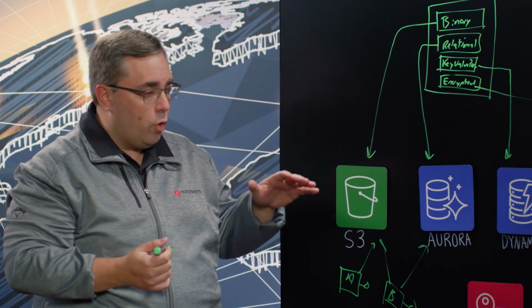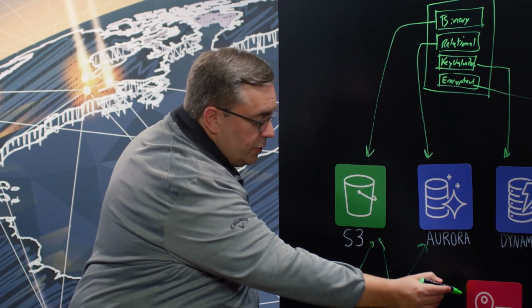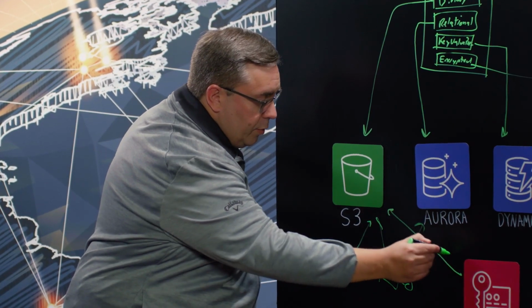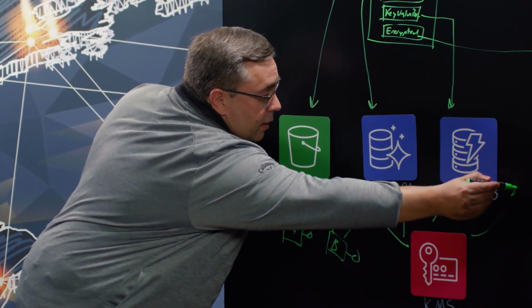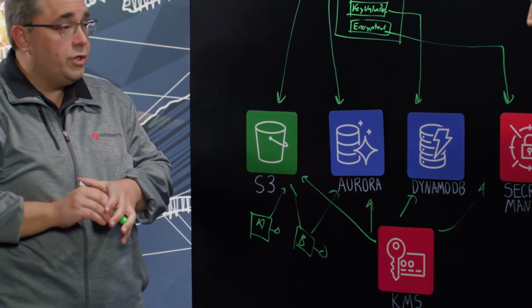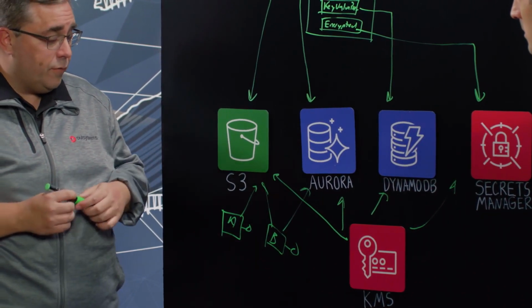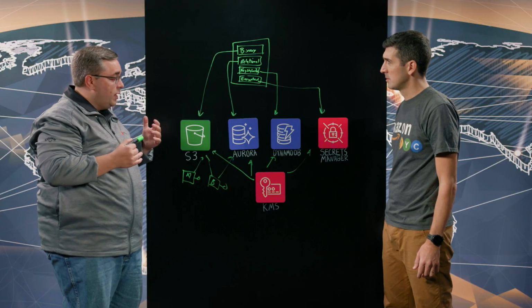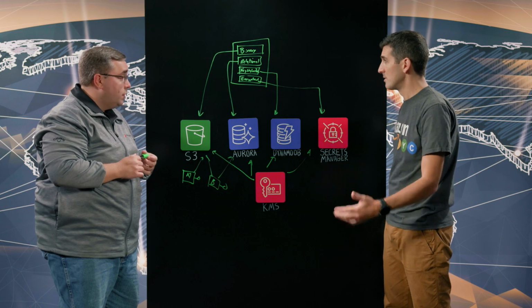We have the IAM roles as a way to segregate from a permissions perspective, but then using the built-in encryption mechanisms that each of the services have, we can generate a per tenant key or multiple keys for that tenant, and then apply them to each of the different services. This also gives us a very straightforward path to a BYOK strategy as well. A bring your own key strategy, yeah. Exactly.